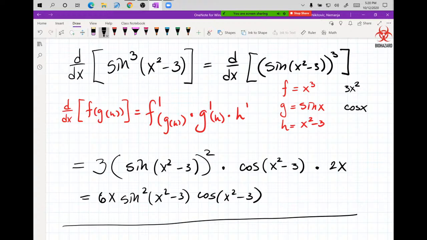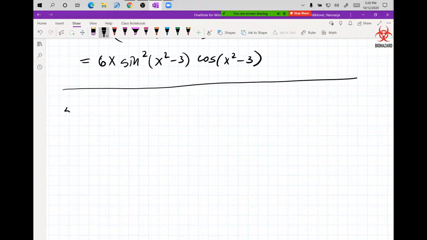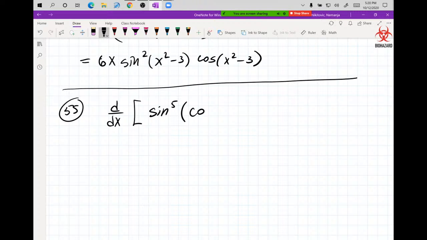Let's see what else there is. Well, let's just try problem 55 because it looks cool. It says the derivative of sine to the 5 of cosine of 3x. You immediately start counting the functions and trying to figure out how many you have.